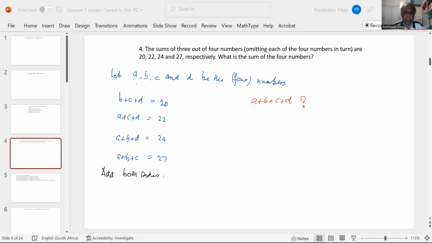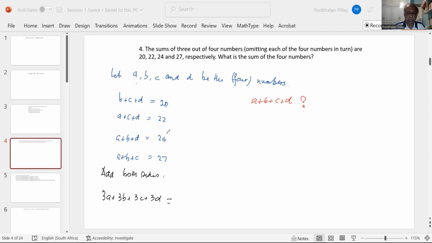You're going to have 3 A's, plus 3 B's, plus 3 C's, plus 3 D's. See, it's a useful trick. It doesn't always happen like that. Only in certain special cases do you have the same number of unknowns on both sides, as we saw in the previous case as well. And in that case, you can add both sides, because then you can remove that unknown.